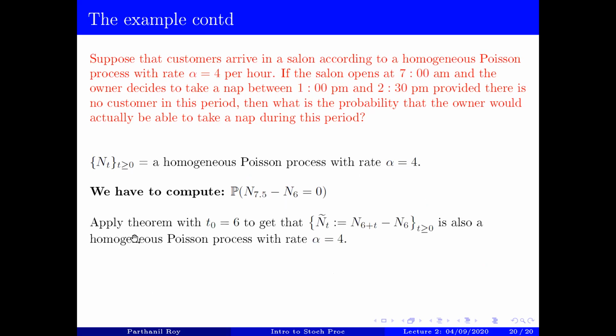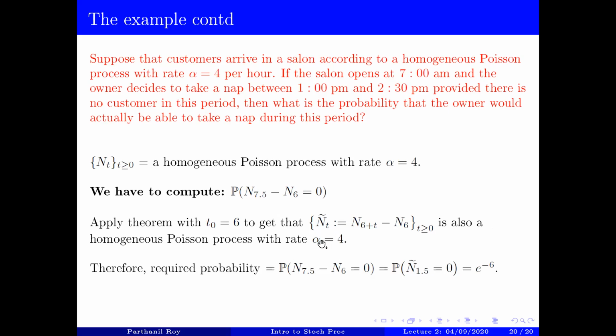Now apply the theorem with t naught equal to 6 to get that N tilde(t), which is N(6 + t) minus N(6), is also a homogeneous Poisson process with alpha equal to 4. So the required probability is just N tilde(1.5) equal to 0.